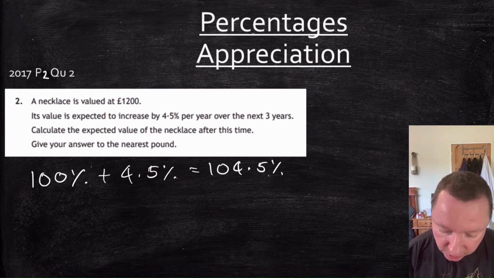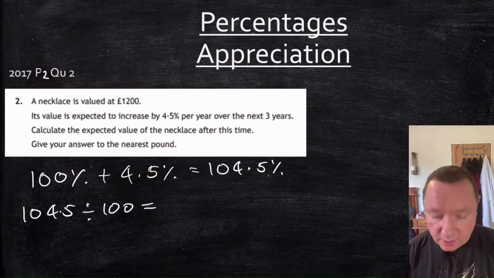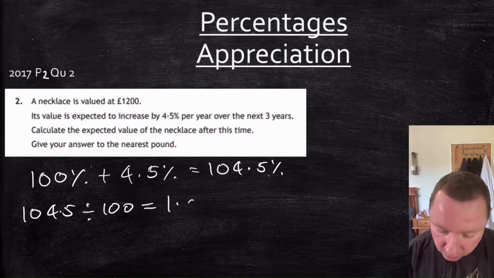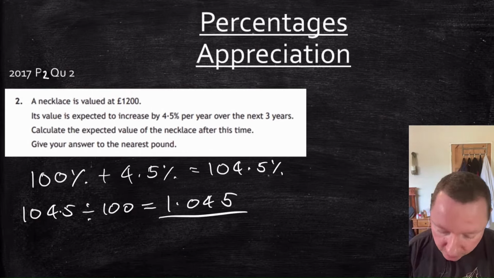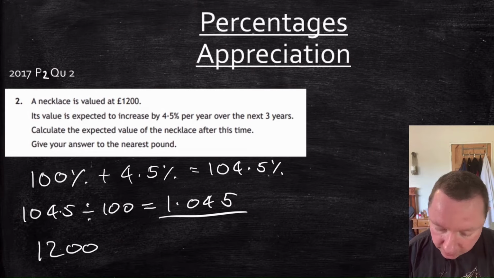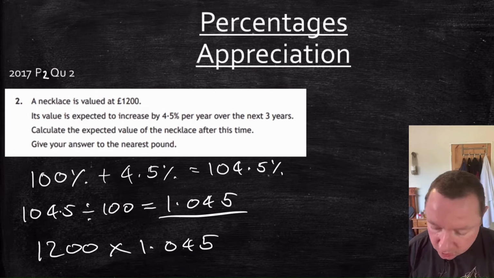104.5%. Change that to a decimal by dividing by 100, and this time I won't use a calculator, is 1.045. There's our key number. Use a calculator just to be sure. So then we take the money, 1200, times the multiplier to the power of the time, which is 3.